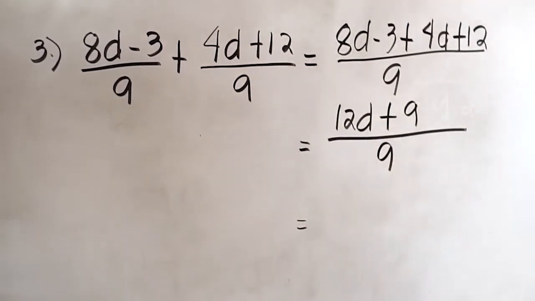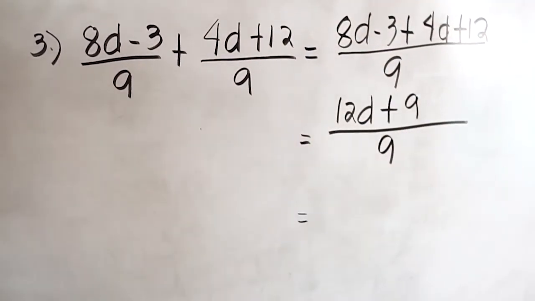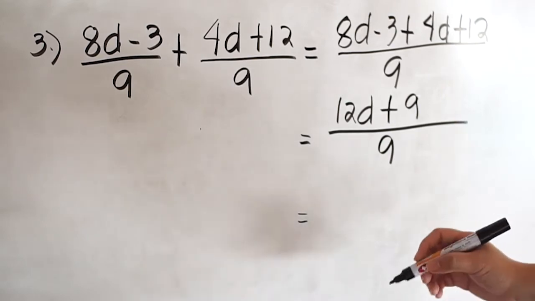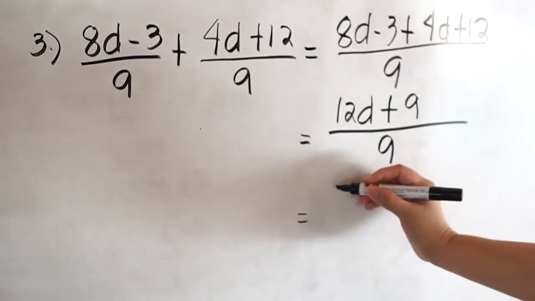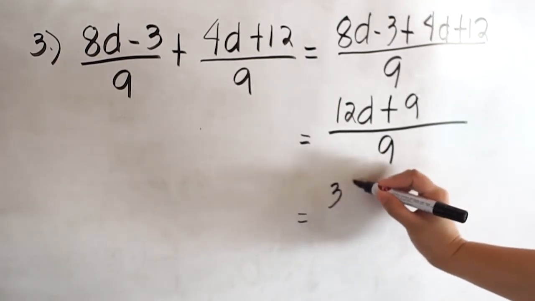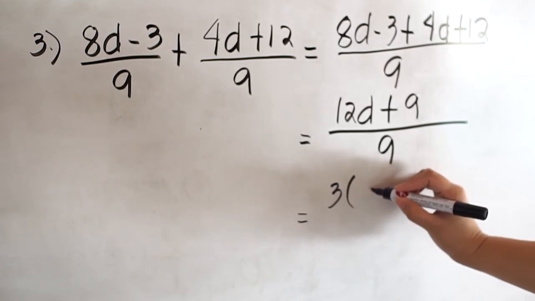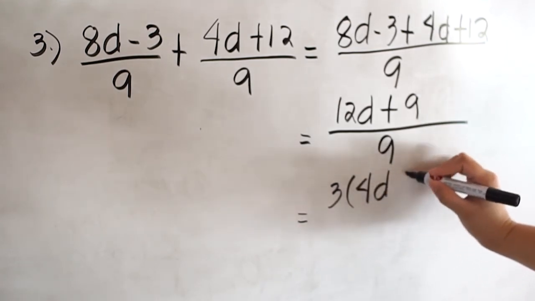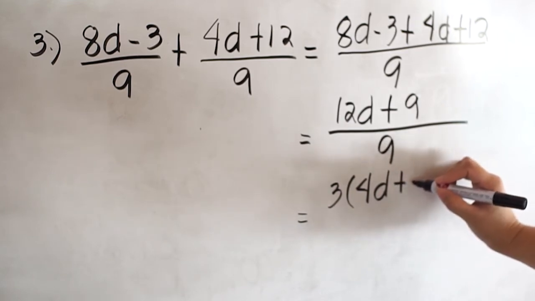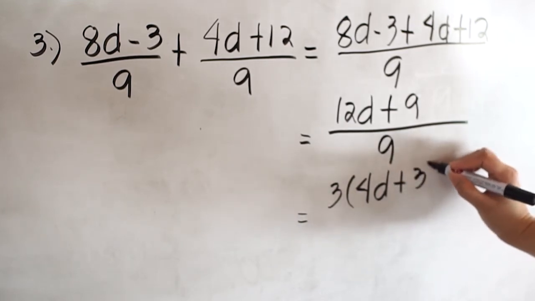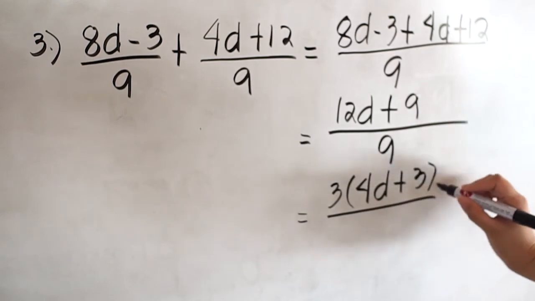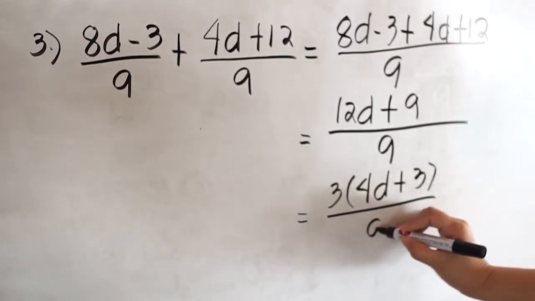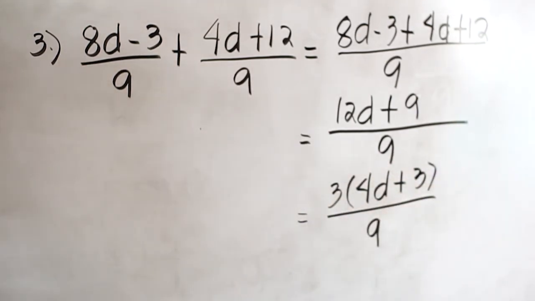Since we can factor the numerator, we will factor it. Its factor is 3 times 4D plus 3 over 9.